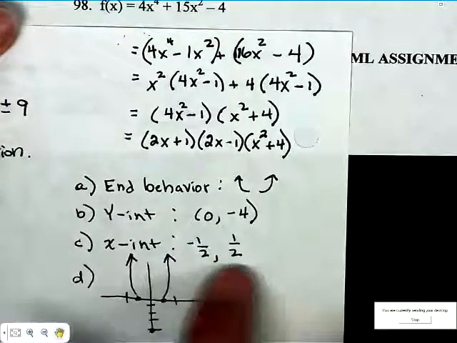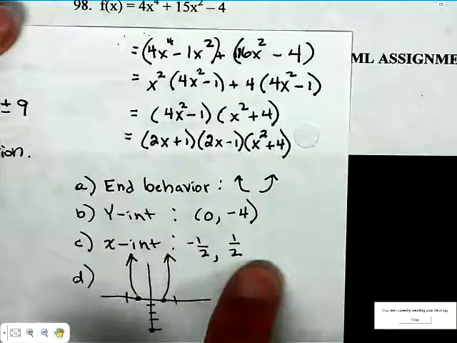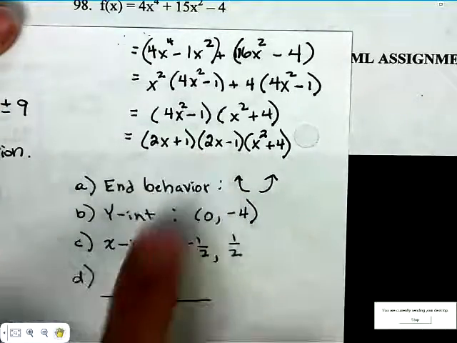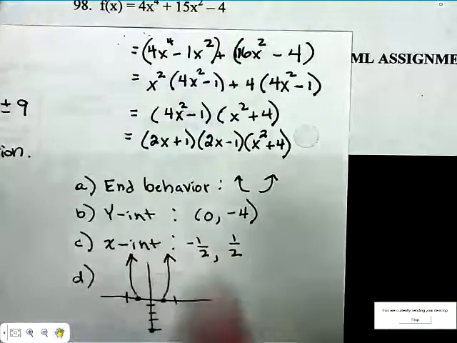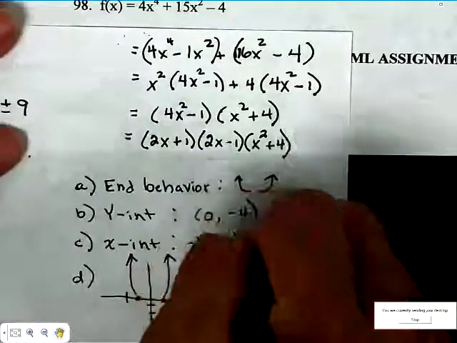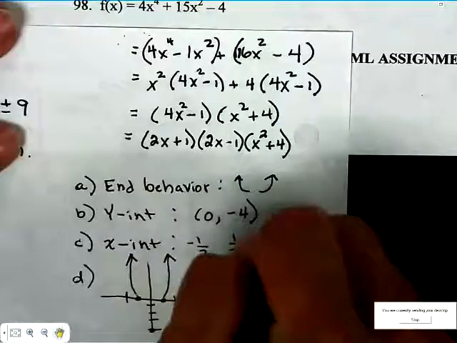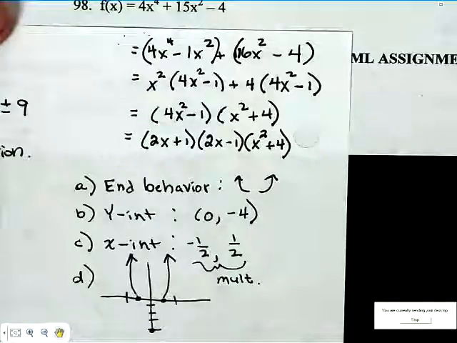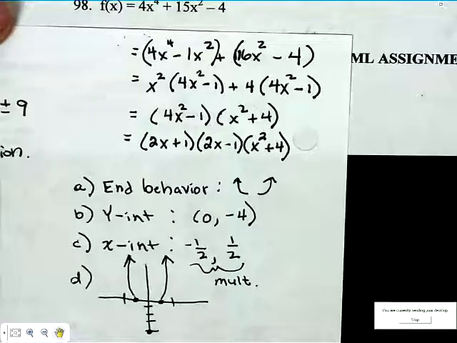What's the multiplicity of these two zeros? Look at this in factored form. What's the multiplicity of these two zeros? I don't know if you're too tired to answer or if you forgot what multiplicity means.